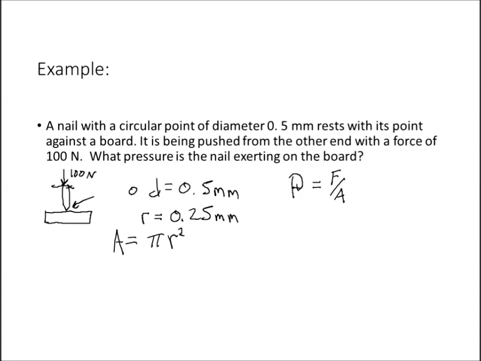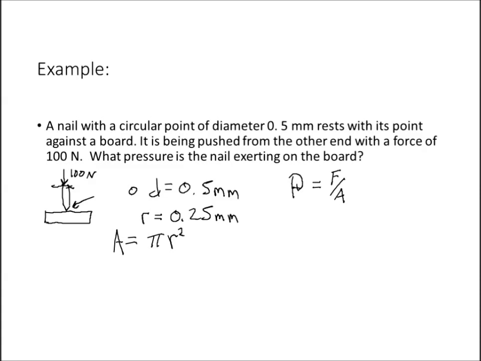Now we need to have an area in square meters if we want to end up with a pressure in pascals. So we can go ahead and convert this radius into meters from millimeters. To convert from millimeters to meters, we need to divide by 1,000, right?